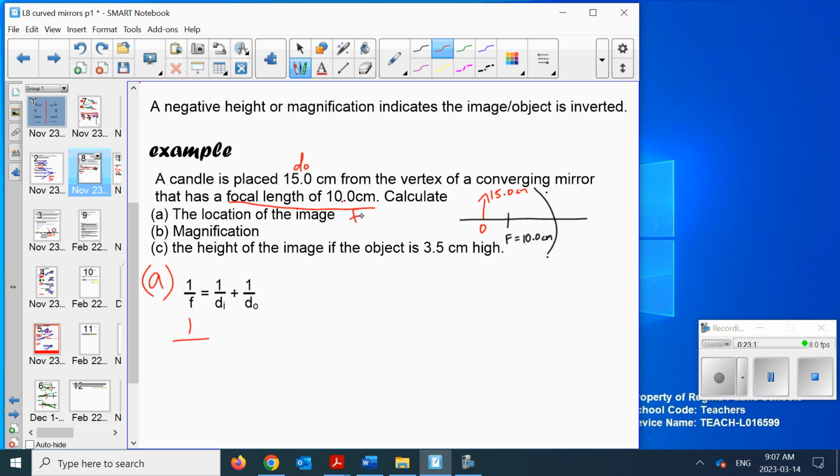Let me put the 10. I normally put in units, but I know a lot of you skip them until the last step. We're looking for DI. This is the image location here. DO is 15.